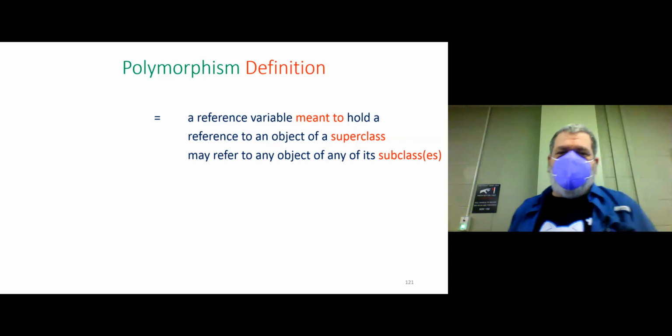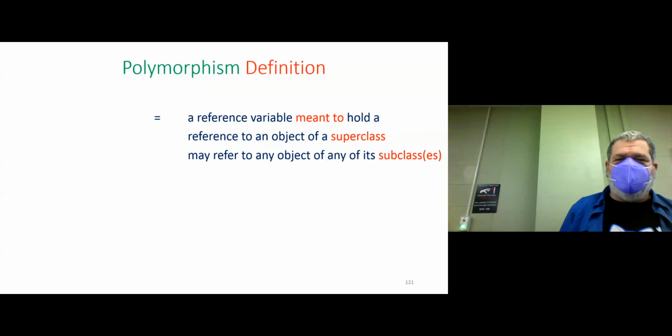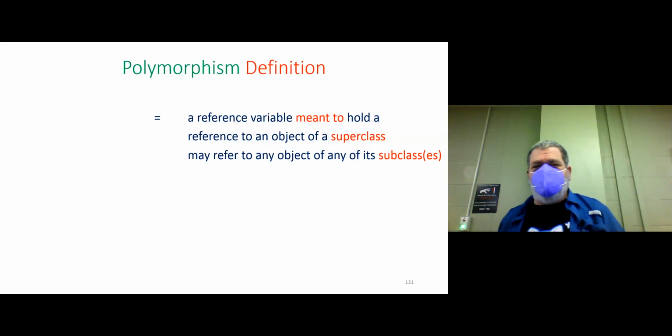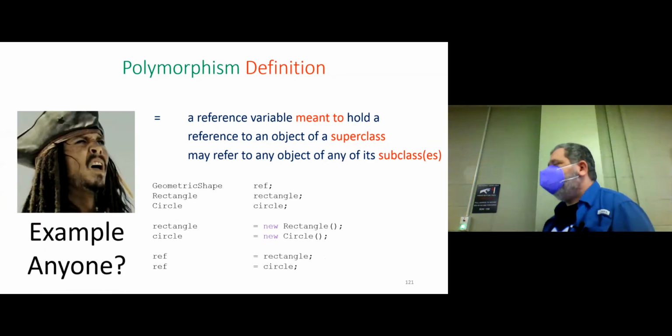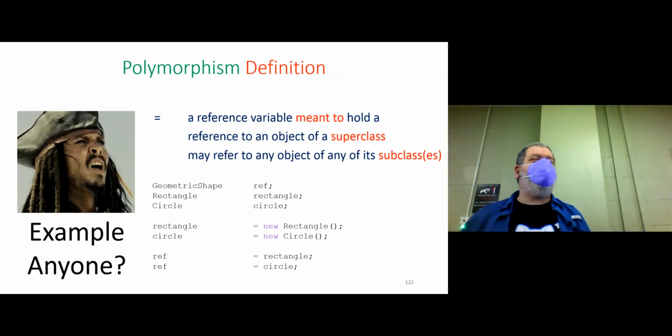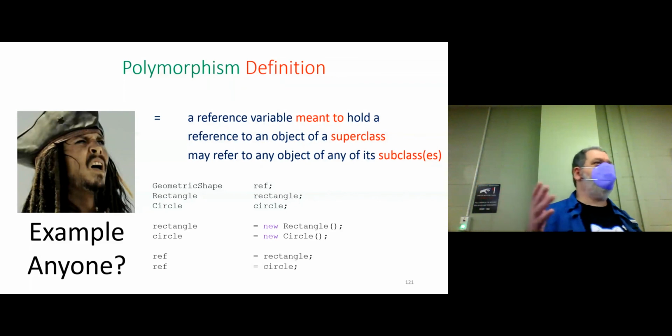A reference variable meant to hold a reference to an object of a given superclass may refer to any object of any of its subclasses. So what does that mean? That means when I declare a variable and I say that variable is a reference variable of data type book. Let's use the book example because it's kind of fresh in your memory, okay?